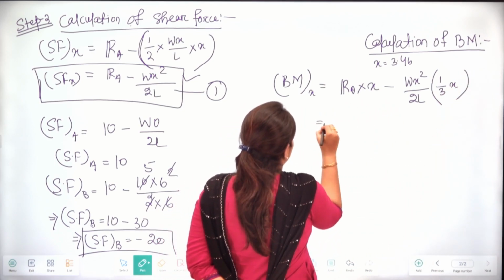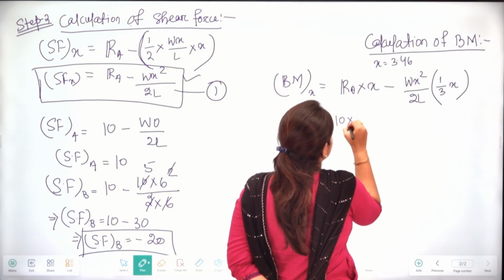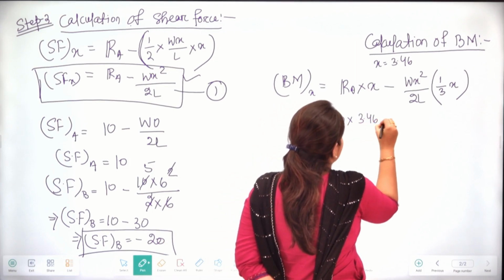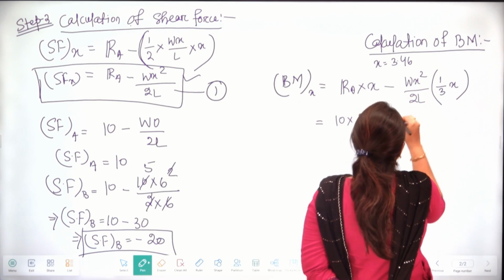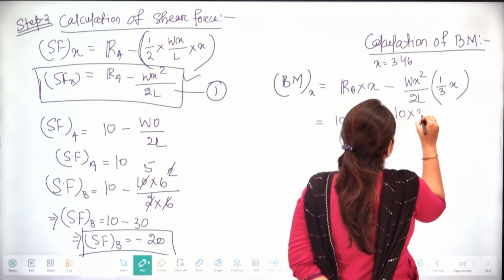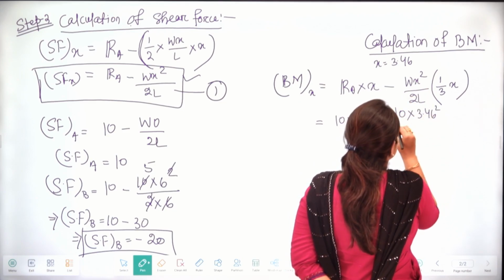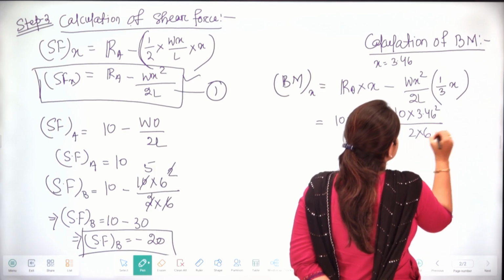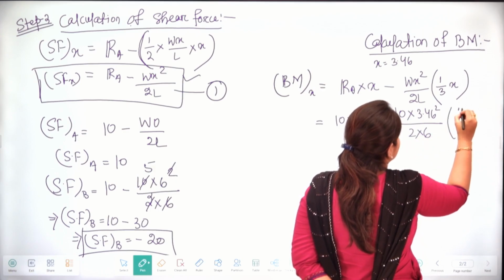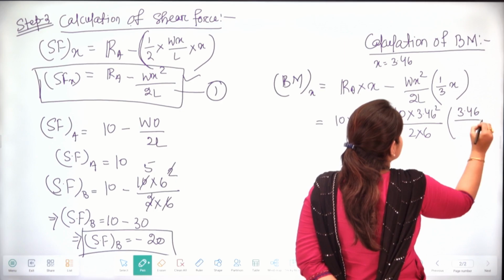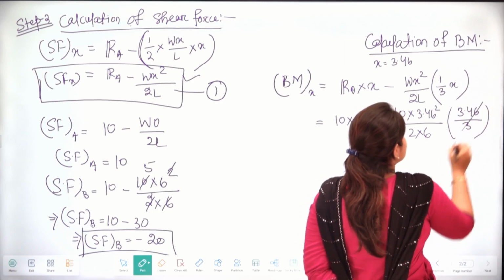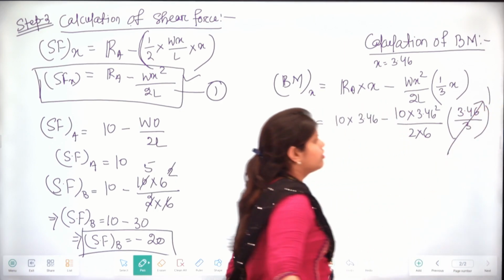Now let's put in the values: 10 into 3.46 minus 10 into 3.46 whole square by 2 into 6, multiplied by 3.46 by 3.